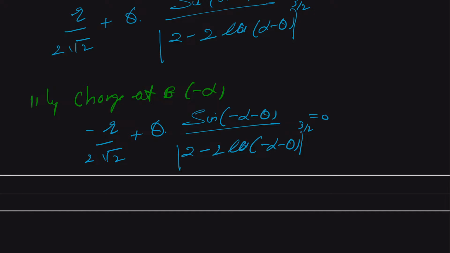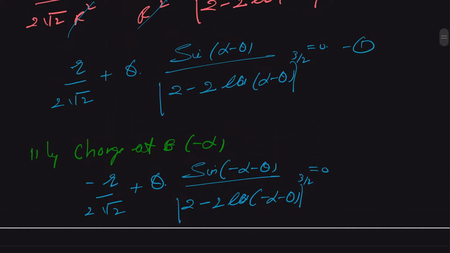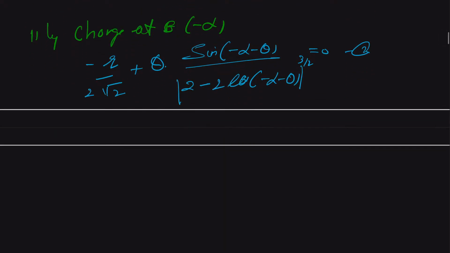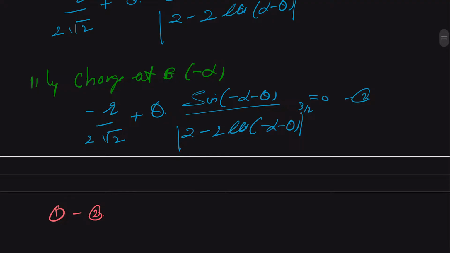And we are going to solve these two equations. Let us see equation number 1 and equation number 2. So simply we are going to subtract these two equations, 1 minus 2. So this will be minus minus plus.